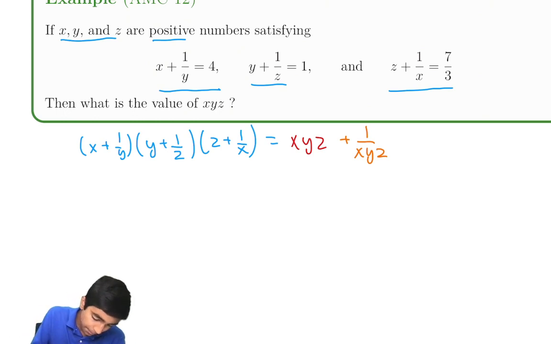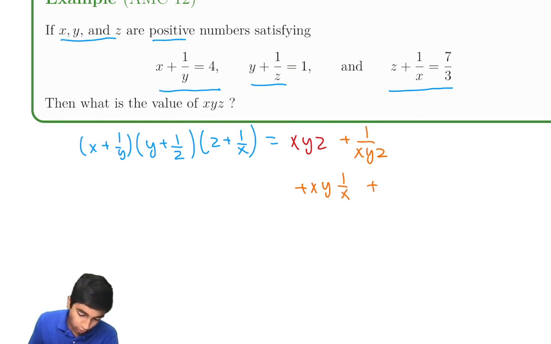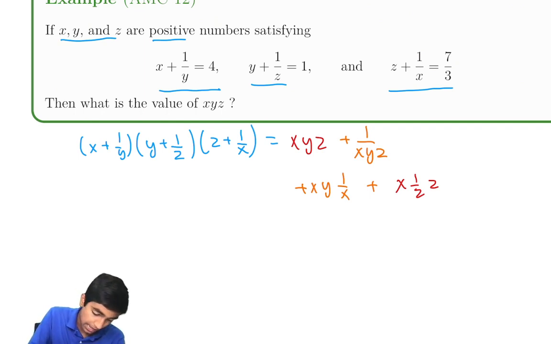So what you can see here is that x times y times 1 over x. That's one more term. And also we have x times y times z, which we already counted, but we also can have x times 1 over z times z. Or we can have x times 1 over z times 1 over x.